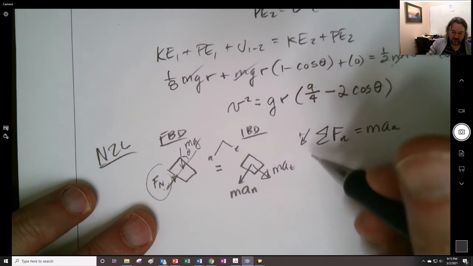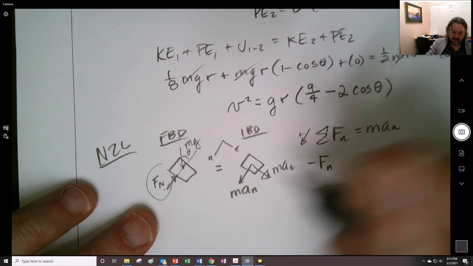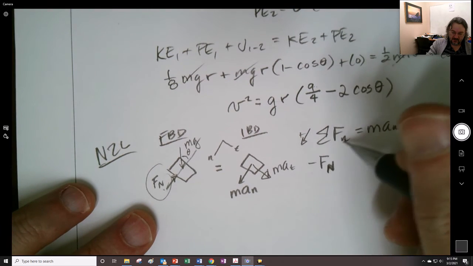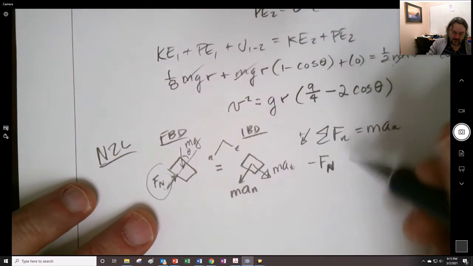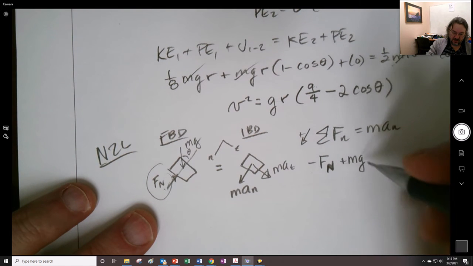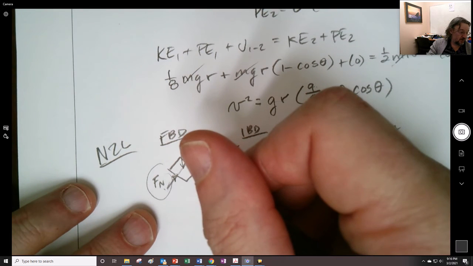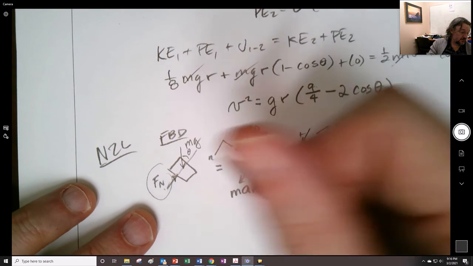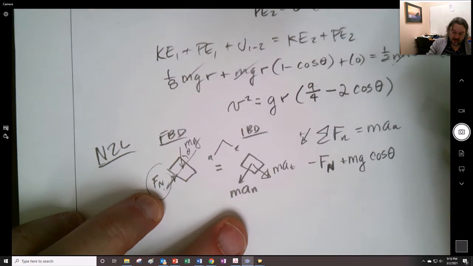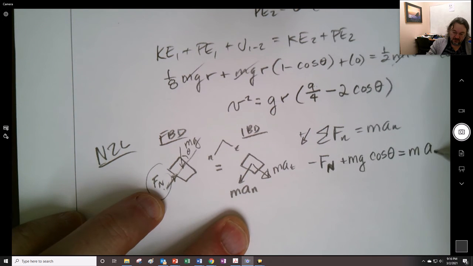We would write negative Fn, not capital N, because it's the normal, it's nothing to do with that N. But then it's going to be plus mg times the cosine of that angle right there, and then equal to m times the normal acceleration.